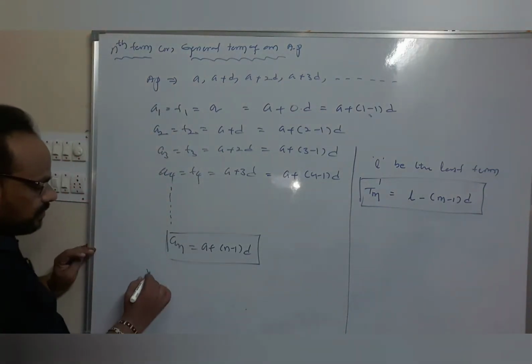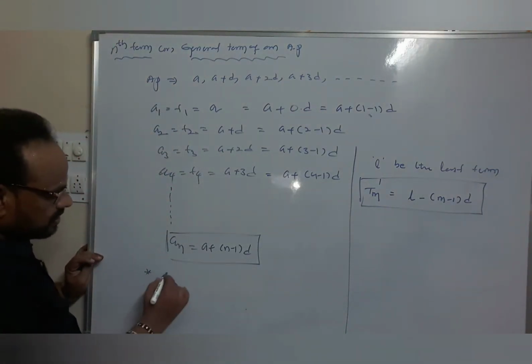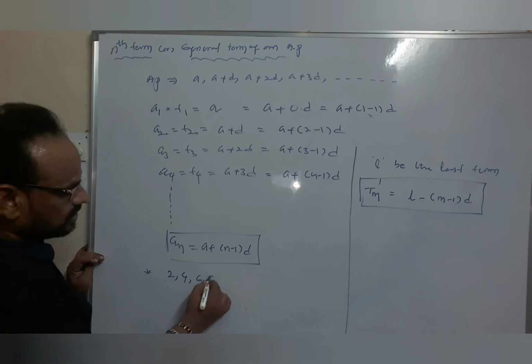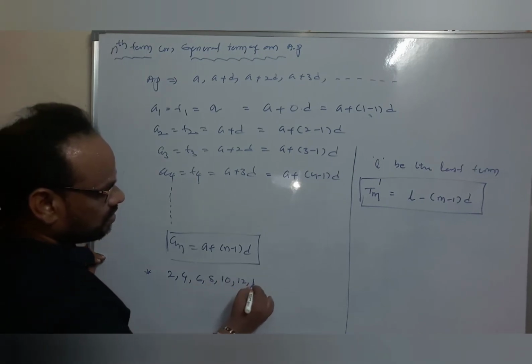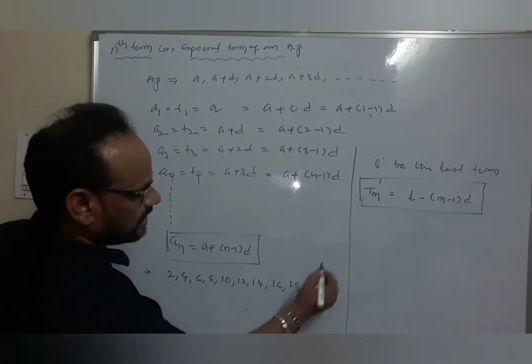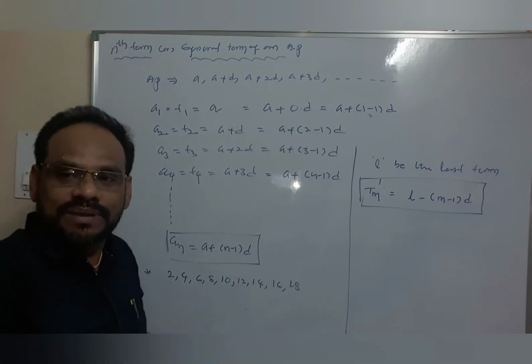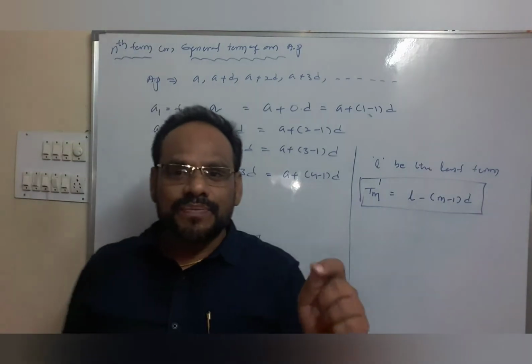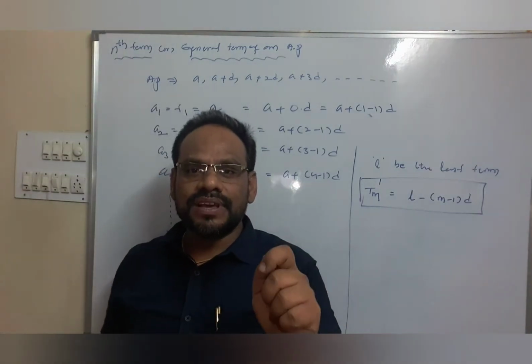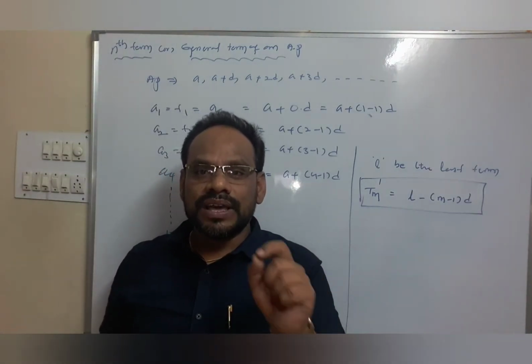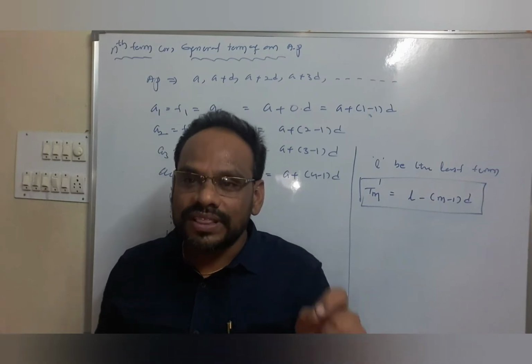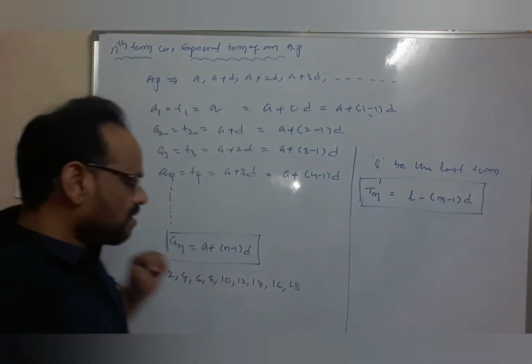Next, second point. Observe this progression: 2, 4, 6, 8, 10, 12, 14, 16, 18. The mth term from the end of an AP is equal to the n minus m plus 1th term from the beginning.